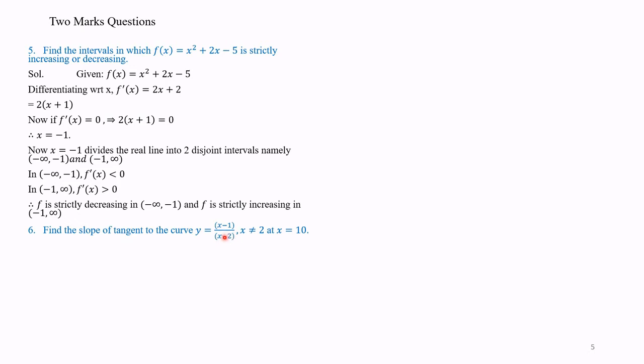In the problem, we have to find the slope of the tangent to the curve y at x equal to 10. Given y is equal to x minus 1 by x minus 2.